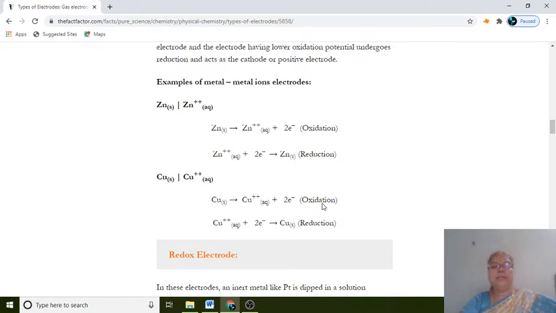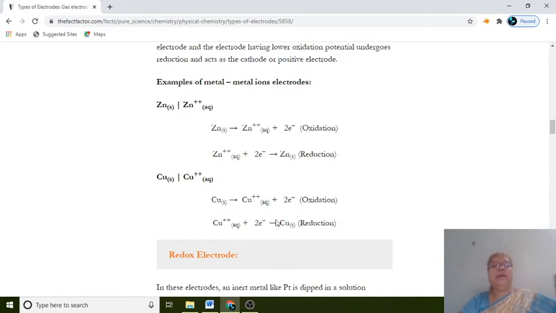This is the oxidation reaction. And the reduction reaction is written as Cu++ in aqueous medium plus 2 electrons gives Cu, and this is the reduced phase of the metal. This one is the oxidized phase of the metal.